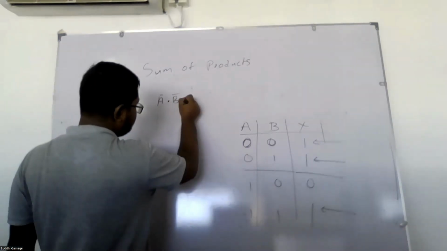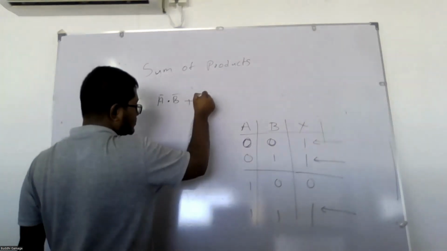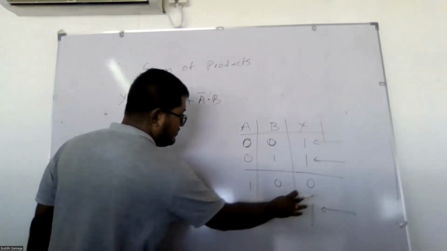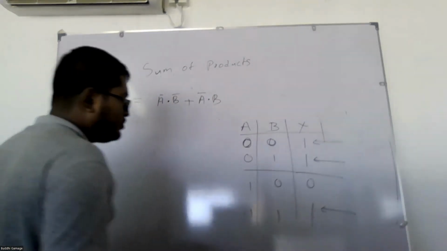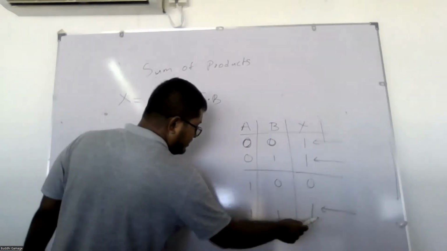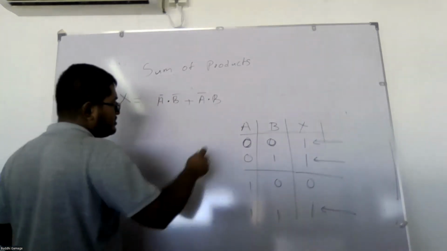Then for this one, A bar into B, and we can remove this one since it is false, and you can take this one. So it is AB.